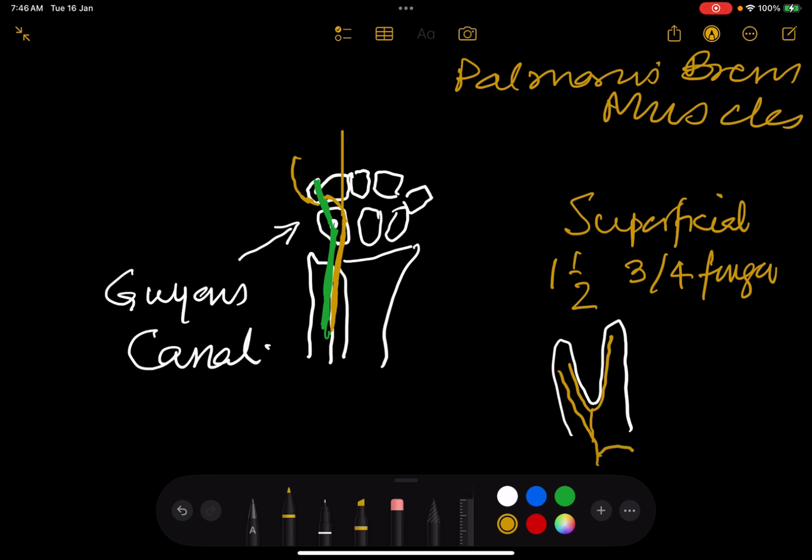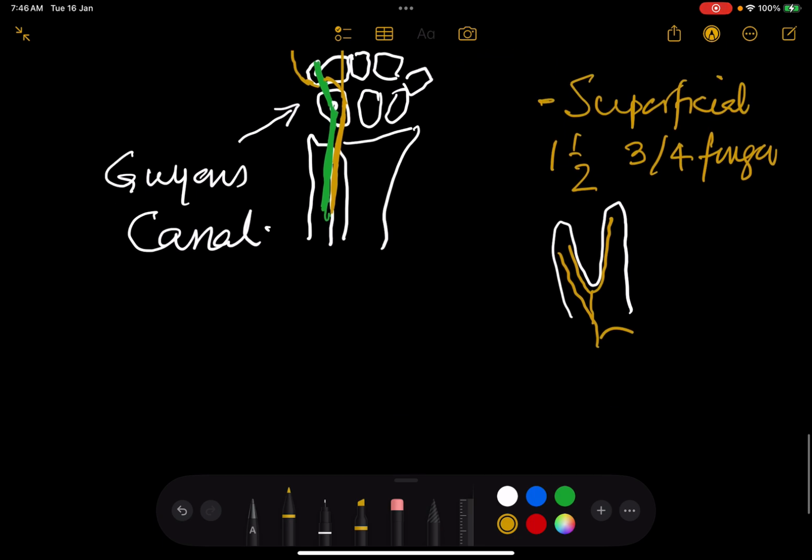And it will also communicate with the superficial branch of the median nerve. So this is the course of the superficial branch.